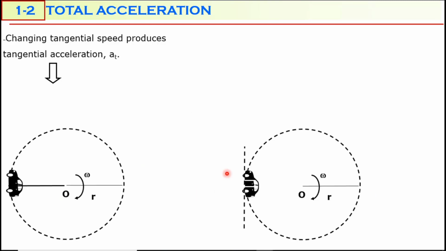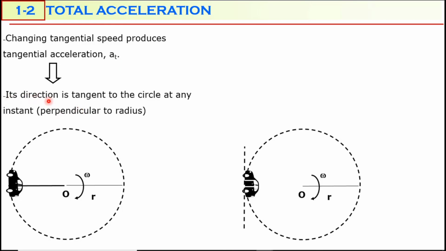The first one, a change in tangential speed, produces tangential acceleration. Speeding up or slowing down on the circular path produces tangential acceleration, and we know that tangential acceleration is tangent to the circle at any instant. For example, if I want to draw tangential acceleration, I have to draw a tangent line. So this is going to be the tangential acceleration for this car if it is speeding up on this circular path.